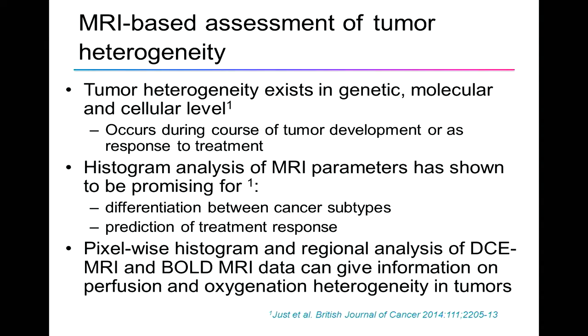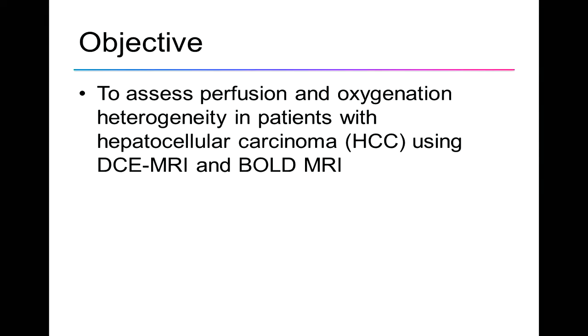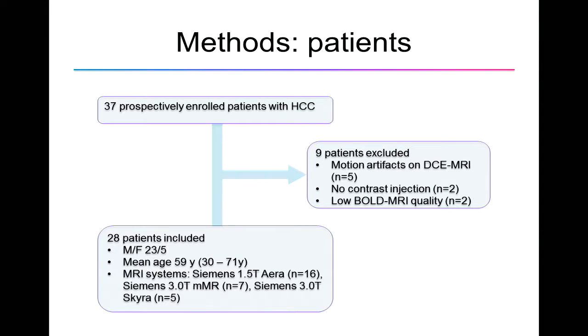And therefore, we suggested that pixel-wise histogram and regional analysis of DCE-MRI and BOLD MRI data could give information on perfusion and oxygenation heterogeneity in tumors. So the goal of our study was to assess perfusion and oxygenation heterogeneity in patients with hepatocellular carcinoma, or HCC, using DCE-MRI and BOLD MRI.